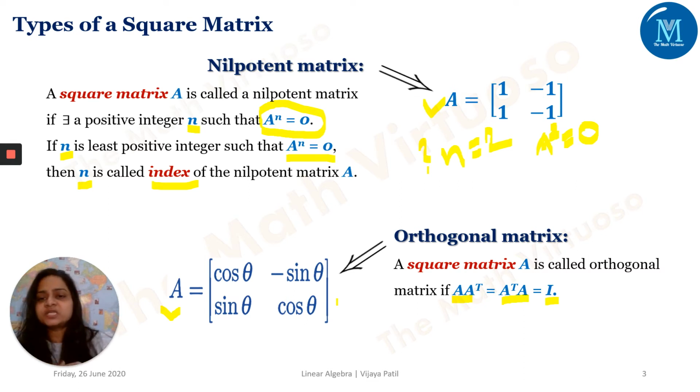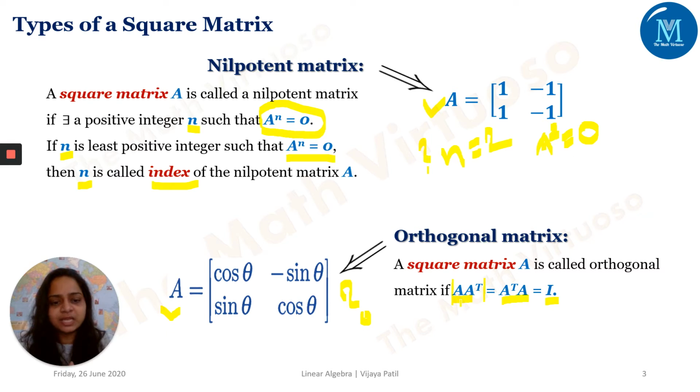Now there are some properties of orthogonal matrices. One of the properties is that the determinant of an orthogonal matrix would be either +1 or -1. It is always so. A small exercise for you all: take the transpose of this matrix capital A and multiply both of them.